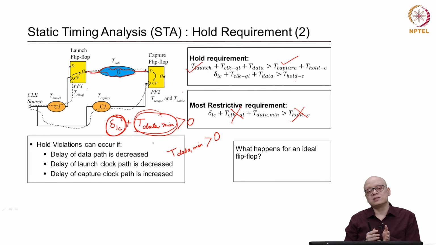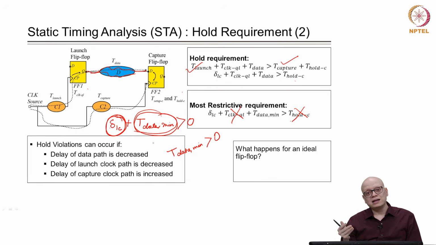Therefore, fixing of hold time violations during logic synthesis does not make much sense, because most of these hold violations which we see in logic synthesis will typically be automatically fixed because of, say, wire delay on the data path. New hold violations can appear after clock tree synthesis because of the clock skew, and therefore we typically postpone fixing hold violations until we have gone into the physical design and made the actual clocking structure.